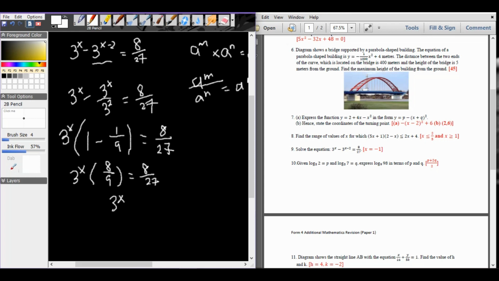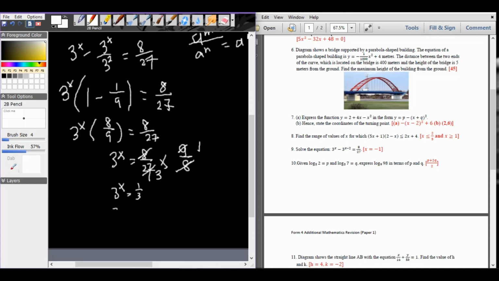So 3^x equals 8 over 27 multiplied by 9 over 8, simplify 9, 3. So 3^x equals 1 over 3. Therefore 3^x equals 3 to the power negative 1. So x equals negative 1.